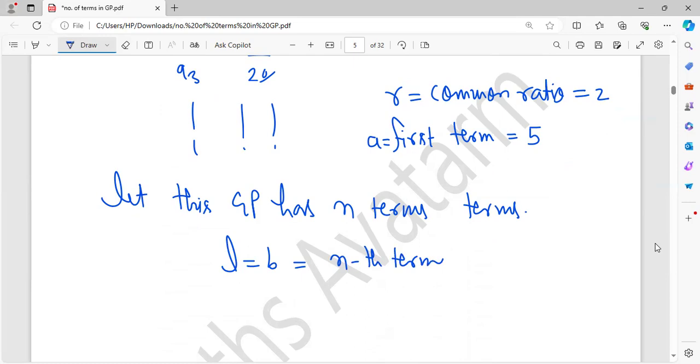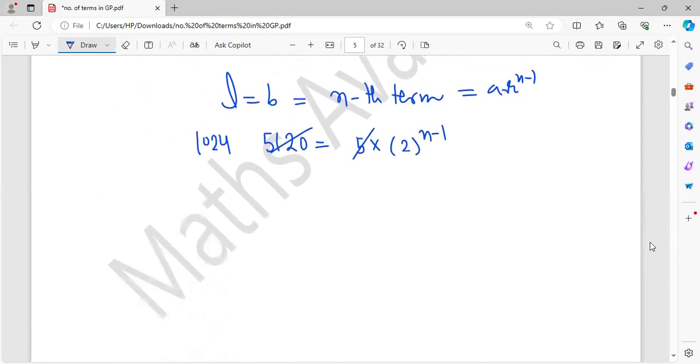What is B? B is given as 5120. And what is this? A r to the power n minus 1. What is A? This is 5. And what is R? R is 2, to the power n minus 1. Now cancel this: 1024.